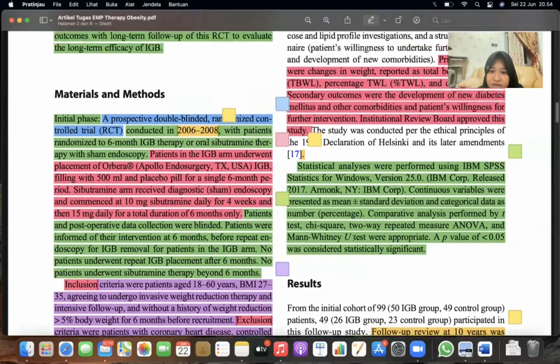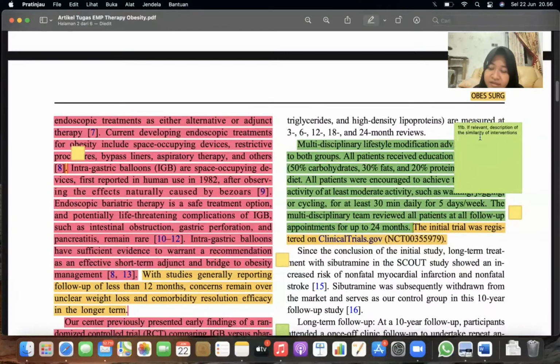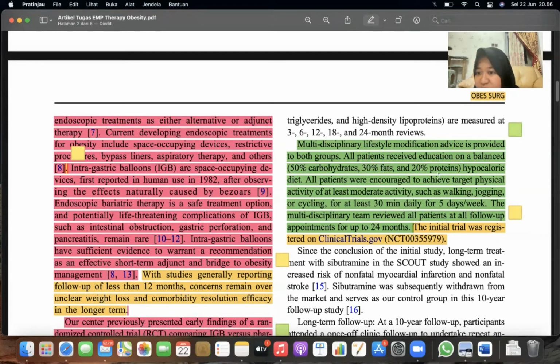Okay, the next is number 11B. If relevant, description of the similarity of interventions. Okay, the answer is in color green. We can see multidisciplinary lifestyle modification advice is provided to both groups. All patients received education on a blend of 50% carbohydrates, 30% fat, and 20% proteins, hypocaloric diet.